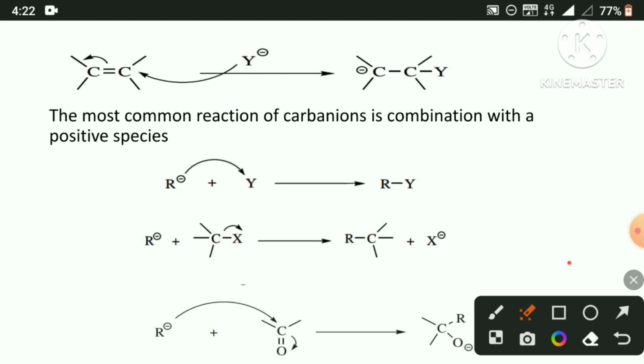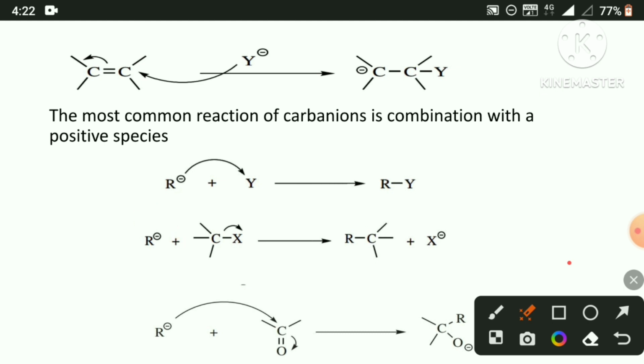The most common reactions of carbanion. After formation, the carbanion is highly unstable. That carbanion combines with positively charged species, so it produces a neutral compound. So this is a nucleophilic substitution type reaction. R minus is a nucleophile.